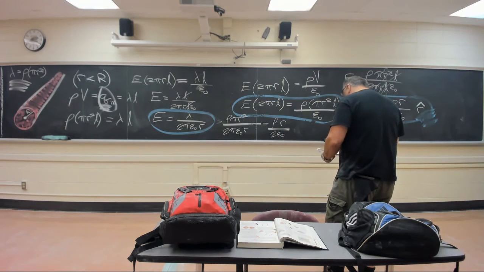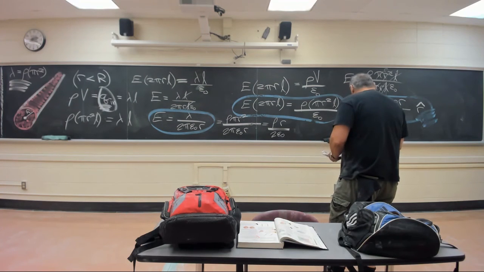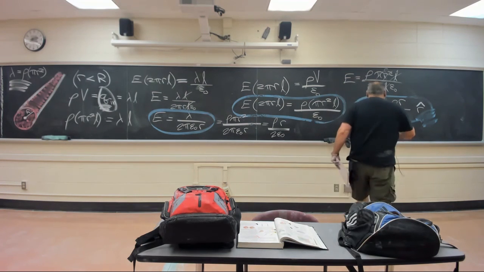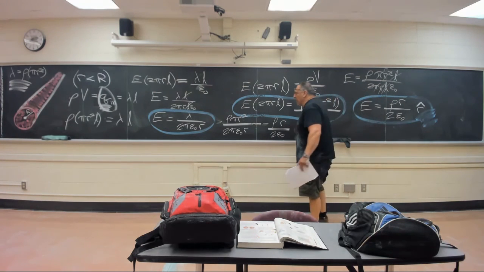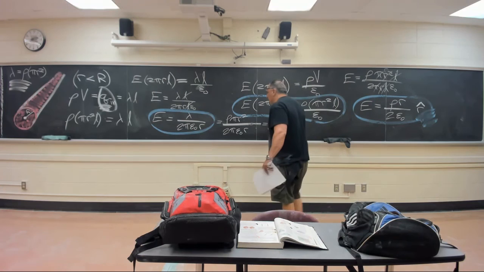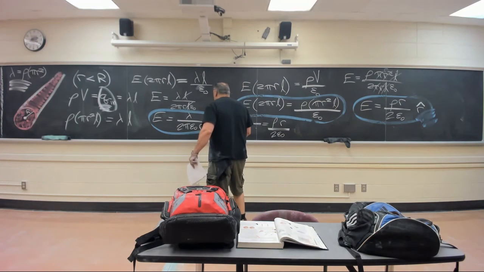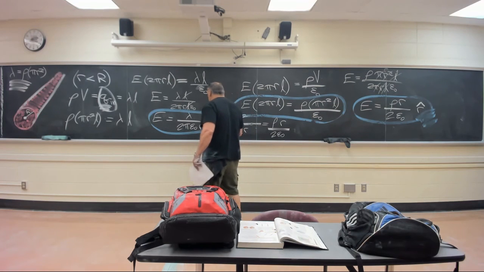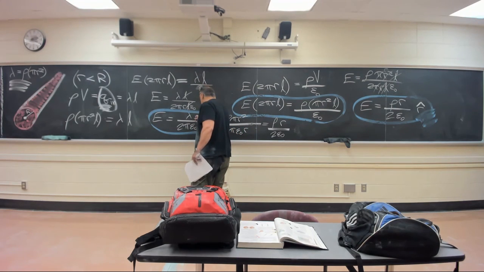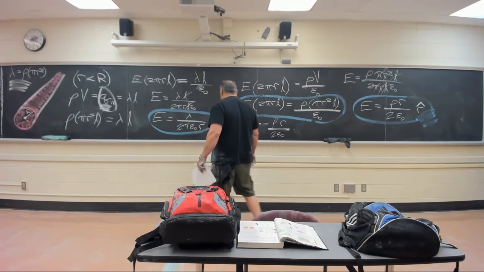I have it written here. It's going to work if you plug in a capital R right here at the surface, and you plug in a capital R right here. With the lambda, if you put an L here and a 2 pi R times L, you would have the Q that we wanted.